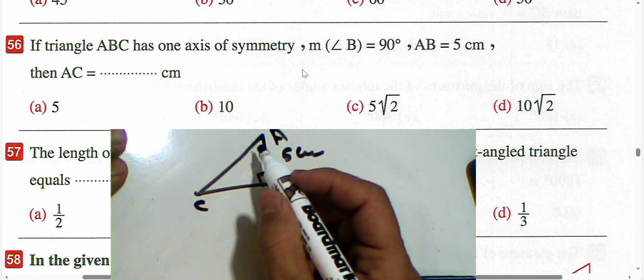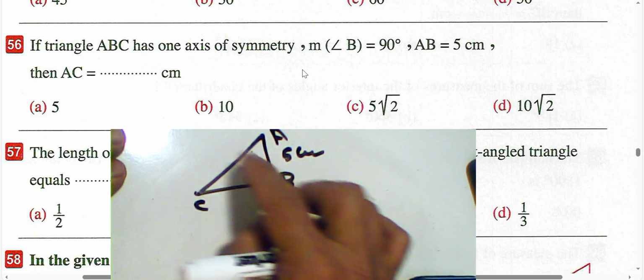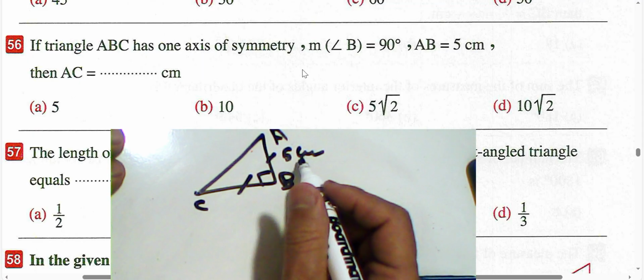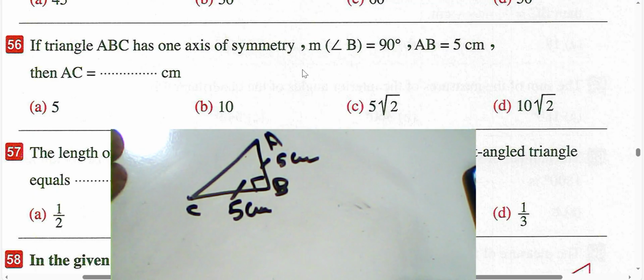He wants to find the length of AC. Okay, this triangle has one axis of symmetry, it means isosceles. It will be 5 centimeters, and this will be 5 centimeters because it has one axis of symmetry.